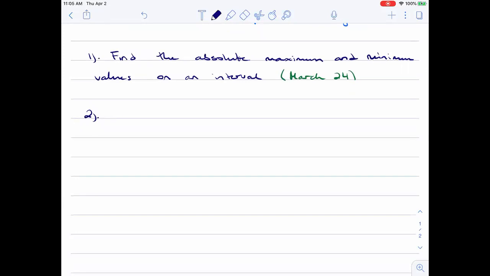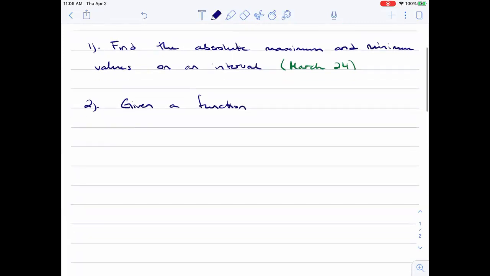So the second question is going to be, given a function and its first and second derivatives. Now we haven't seen something like this, but we've always just found the first and second derivatives, right? So here it's saving you a little bit of time.